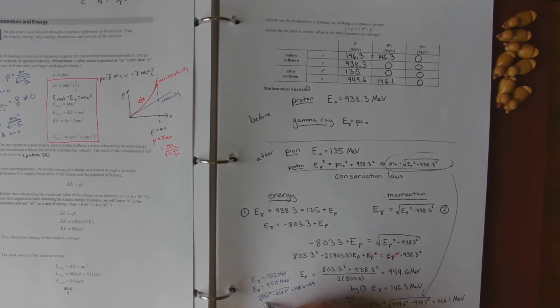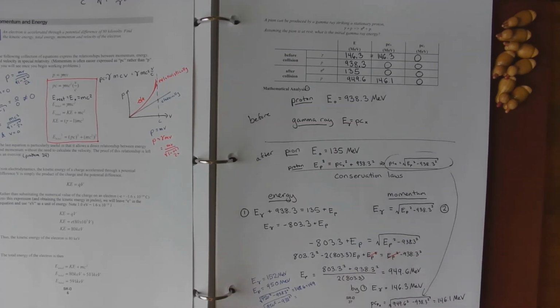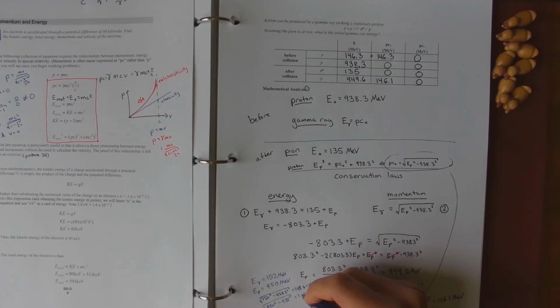only use 3 significant figures for the rest energy. So that would be 950 squared minus 938 squared. So let's try this. What is 950 squared minus 938 squared? And that gives us 150.5, which rounds to 151.